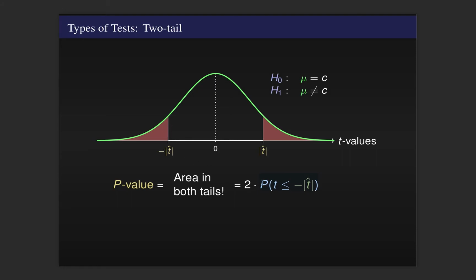So the area in the left tail is computed by this probability here. And since the t-distribution is symmetric, the area in the right tail is going to be exactly the same. So we can simplify our computation by just computing the left-tailed area and then doubling it. So this is how we're going to approach these different regions of extremity. Once we know the null hypothesis, we'll know the type of test, and that will give us a formula for how we're supposed to compute the p-values.